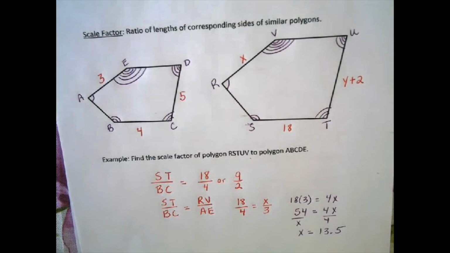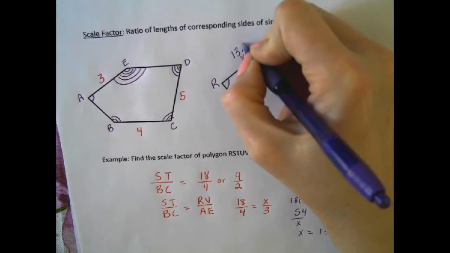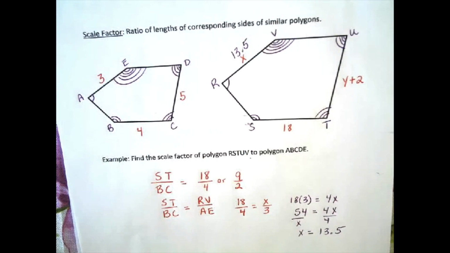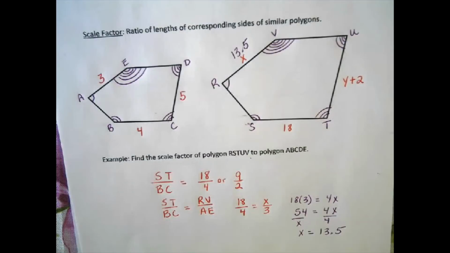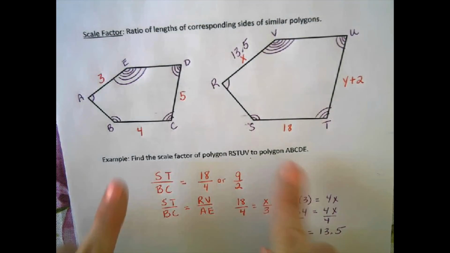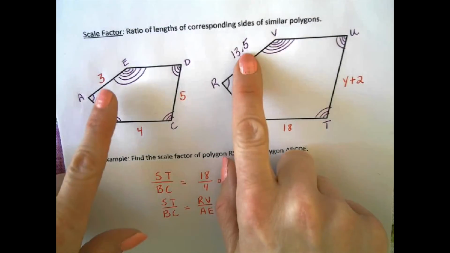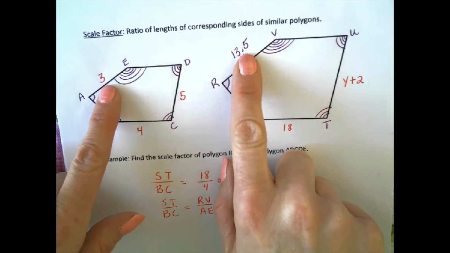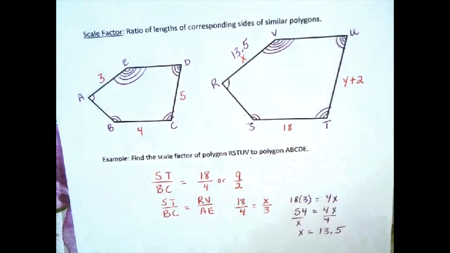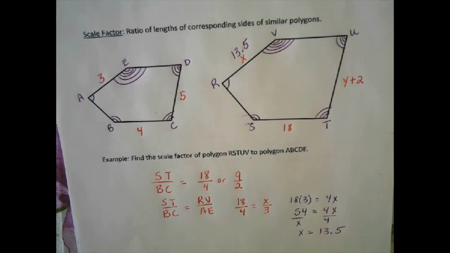So now I know what X is, 13.5. In order to solve for Y, I can use the same ratio I used the first time, 18 to 4, or I could plug in now the 13.5 to 3. I'm going to use the first pair just so I don't have to deal with decimals when multiplying.